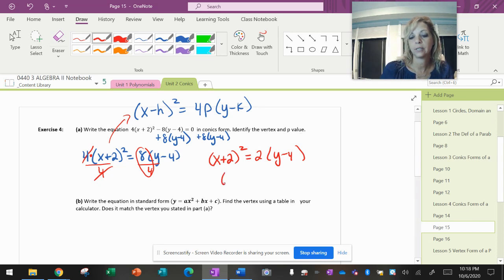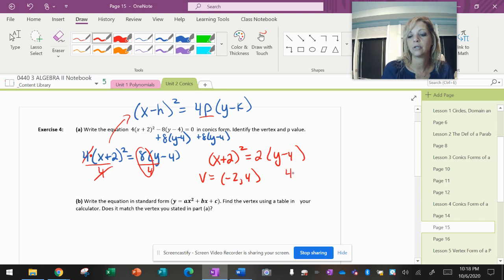So the vertex is -2, 4. And the p, okay, now remember this from the other day. This whole thing right here is 4p, and this 4p right now is 2 here.